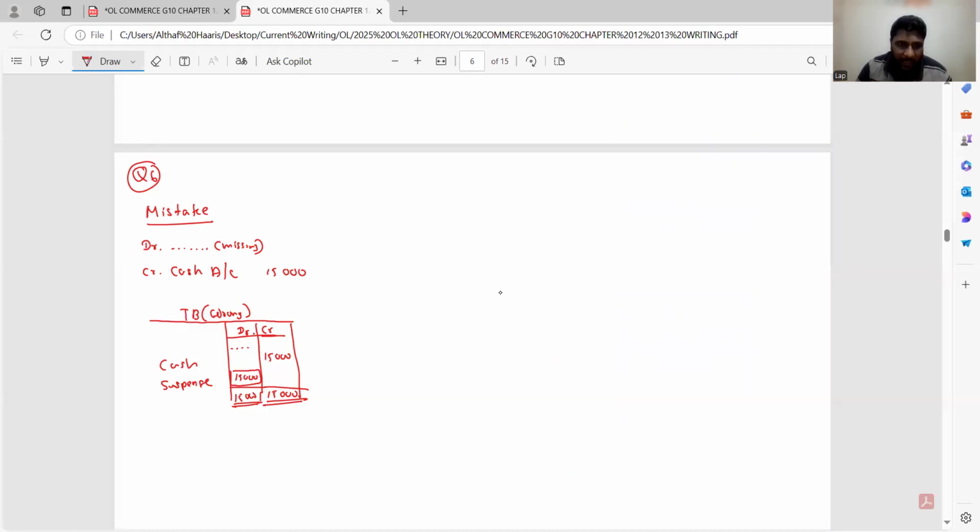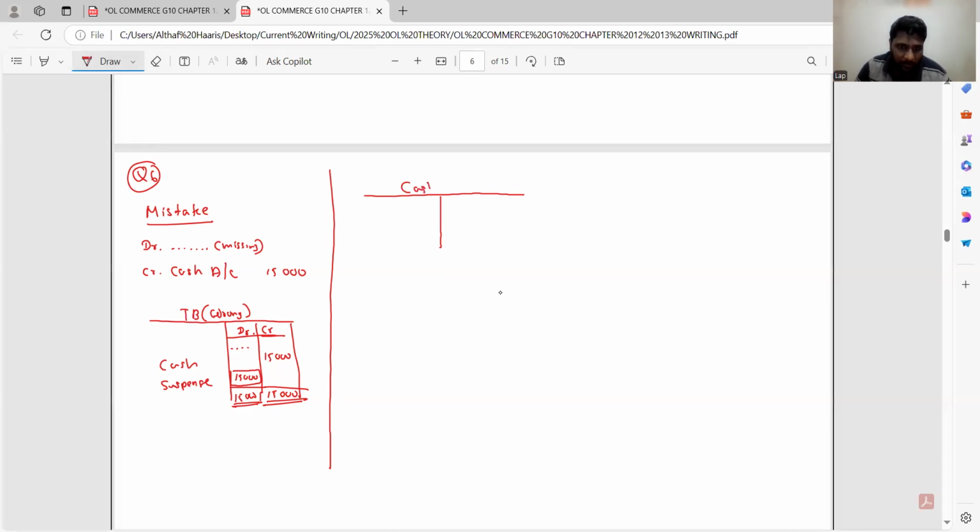So the mistake that you have done: you have just credited the cash account. The debit entry is missing. You have just credited the cash account, which is 15,000.